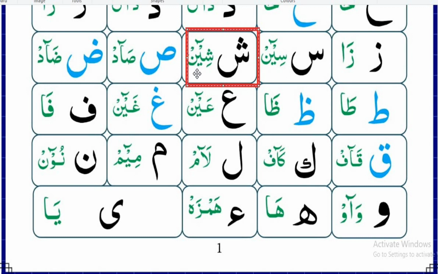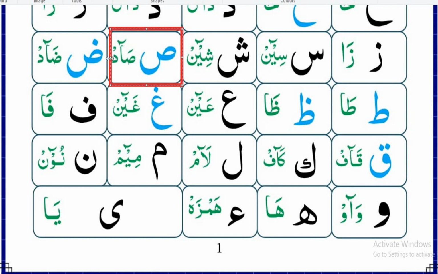The only difference is that this one has three dots on top of it. So this one is called sheen. It is the SH sound of English. One more time: the first one without the dots is seen, and the other one with three dots on top is sheen.